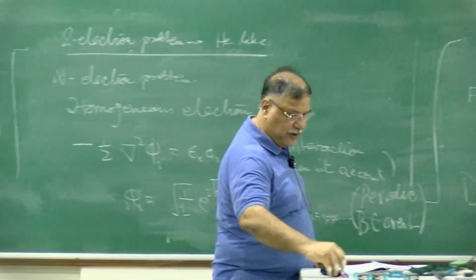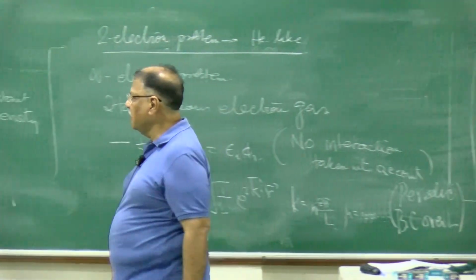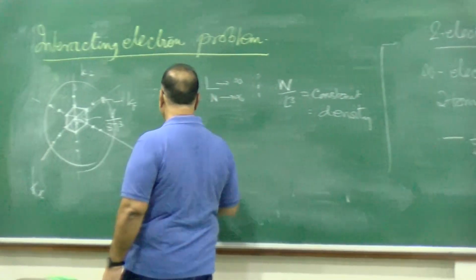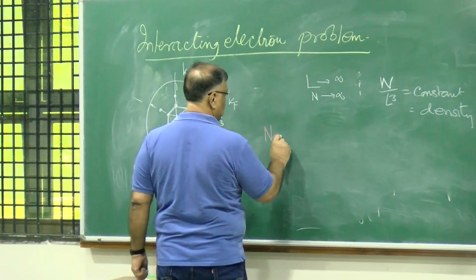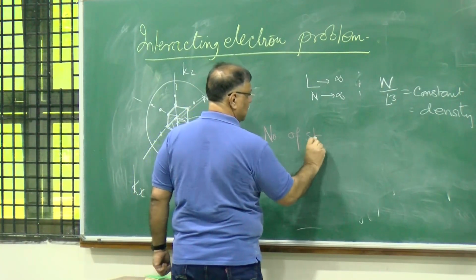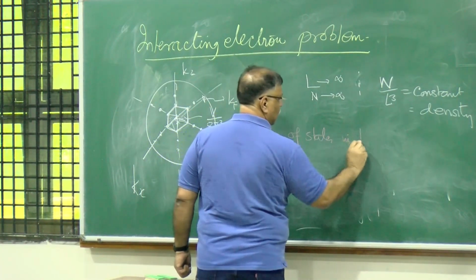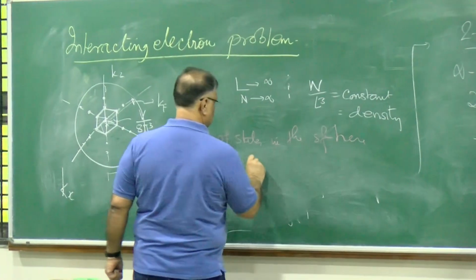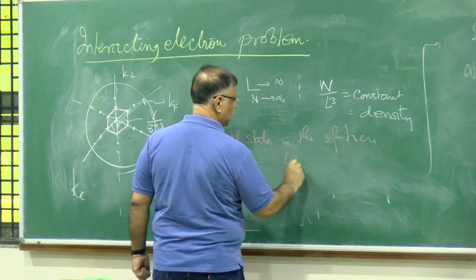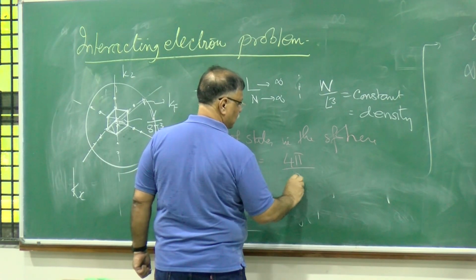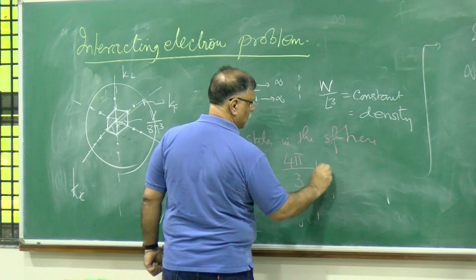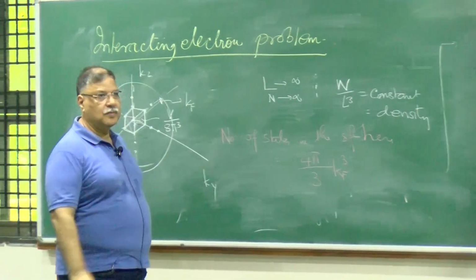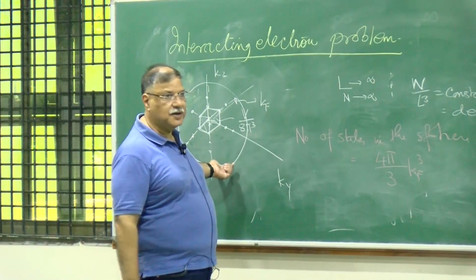And if you fill it up to kf, the number of states in the sphere is going to be the volume of the sphere times the density of states.